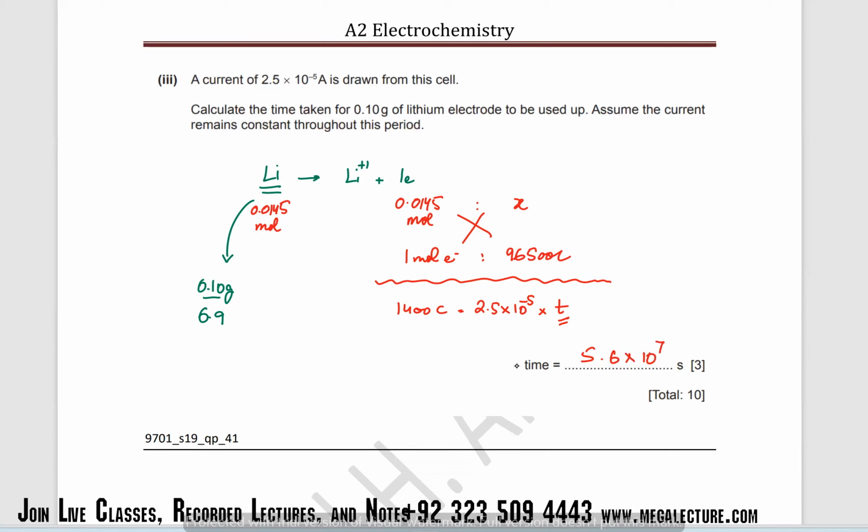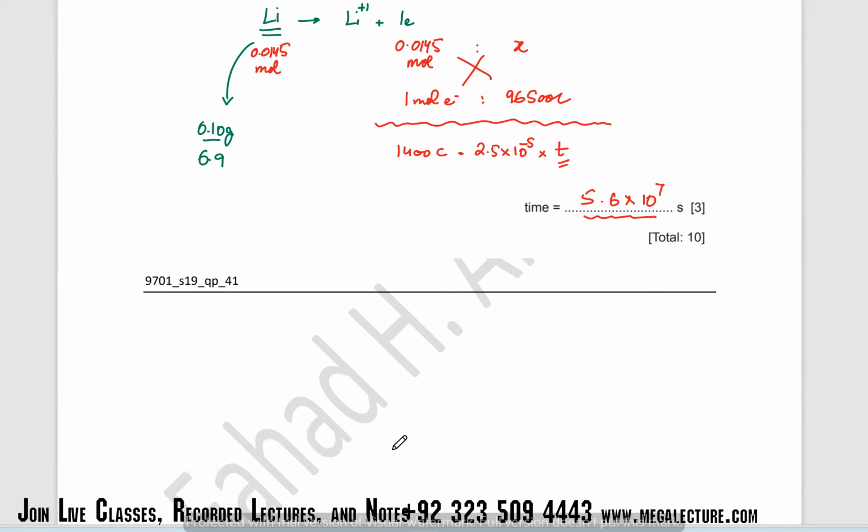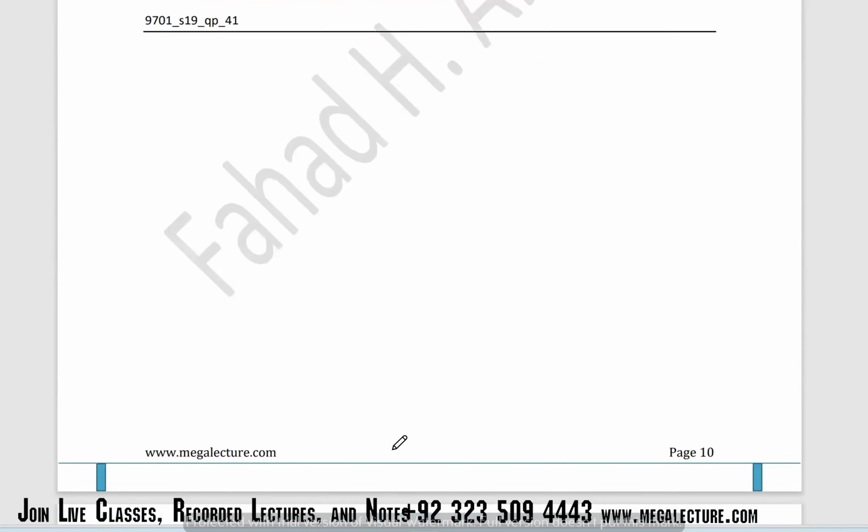That's 10 power 7 seconds, right? Yes, that's it. So just remember Q is equal to IT, and if you know the moles of electrons, you can find out charge. To the next one.